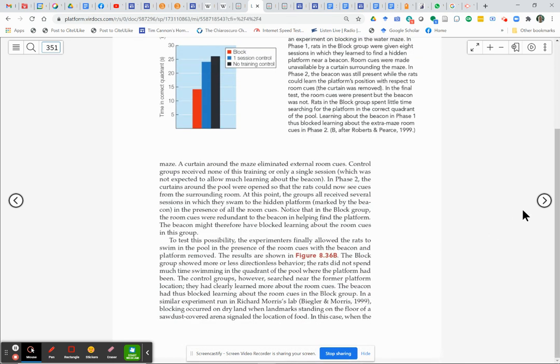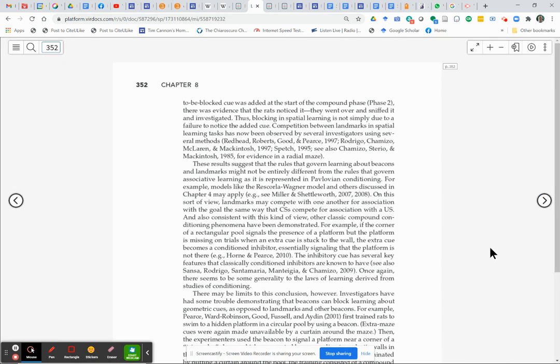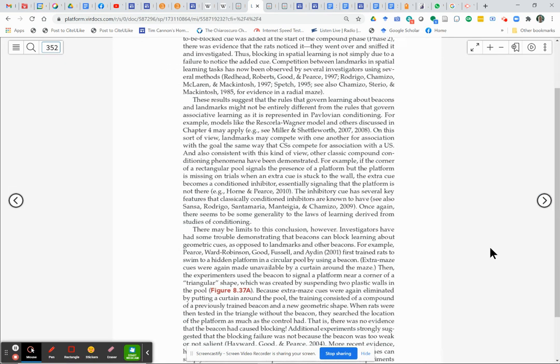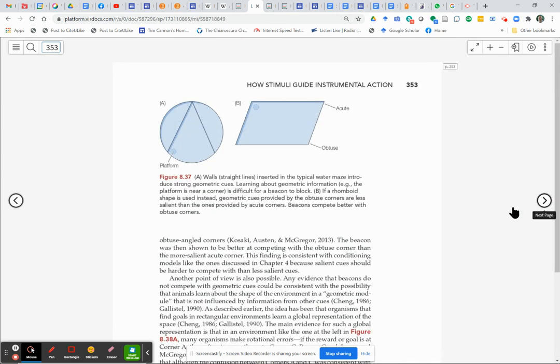And curtains and room cues. So obviously I can't add to this other than having shown you the technology, and oh my God.